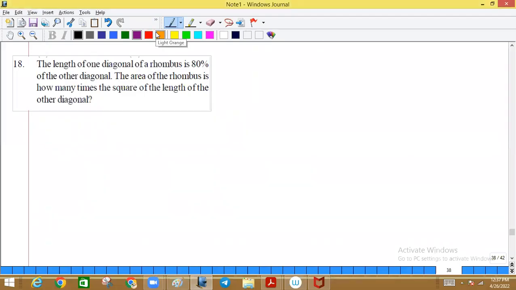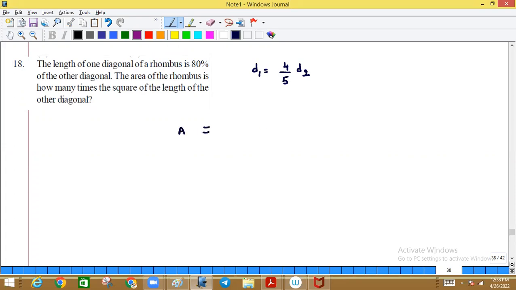The length of one diagonal of a rhombus is 80% of the other diagonal. One diagonal means D1 is equal to 80% of D2. 80% means 80 by 100, which is 4 by 5 of D2. The area of the rhombus is how many times the square of the length of the other diagonal? I can say area is equal to what?